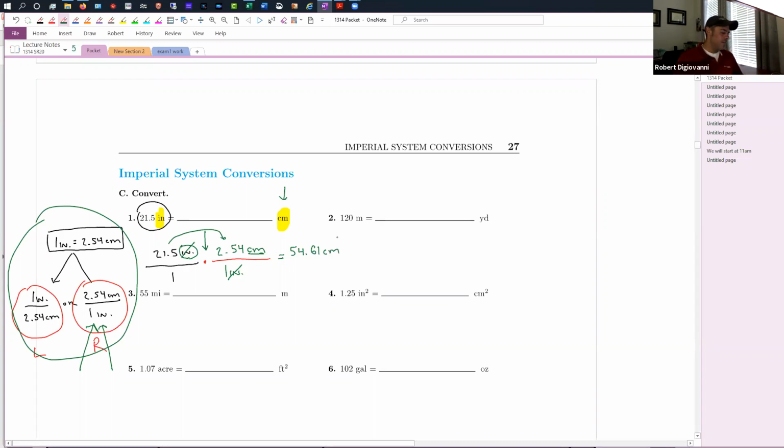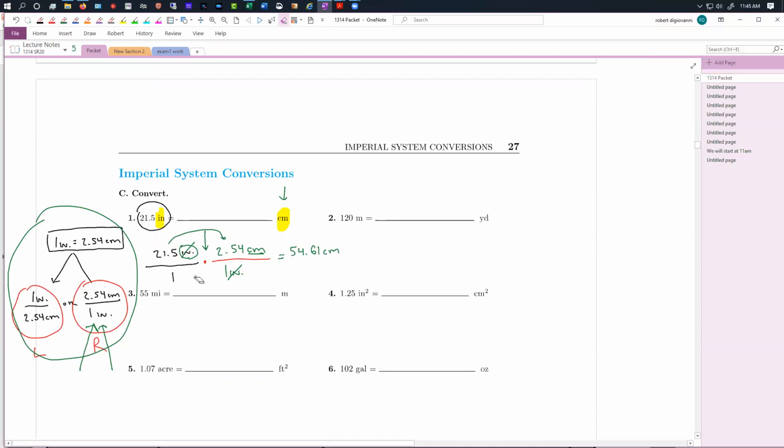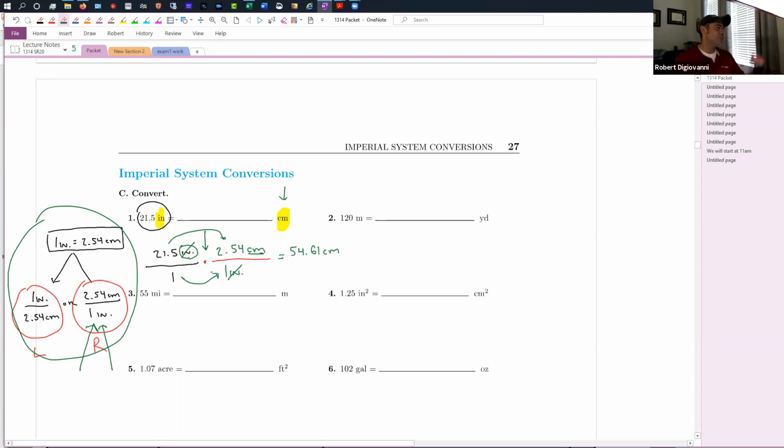And then what number is still on the bottom? 1 times 1, right? But we don't need to do 1 times 1. 1 times 1 is 1, and we could put it underneath that, and it wouldn't matter. It'd still be the same thing. So that is our answer, 54.61 centimeters. Okay, so there's similarities in things that we've done before, and there's differences.